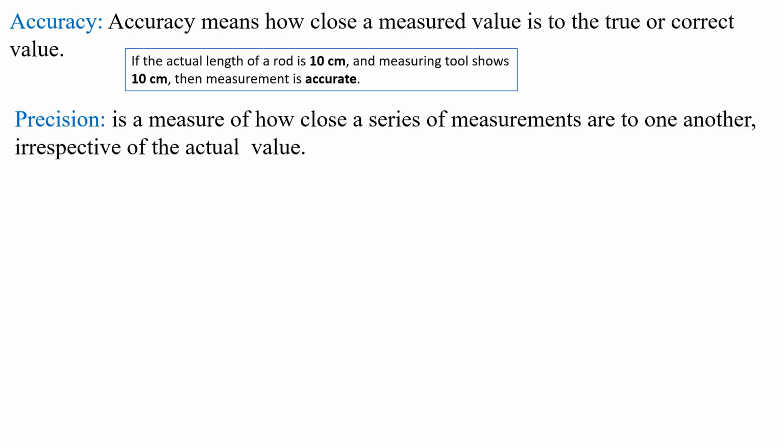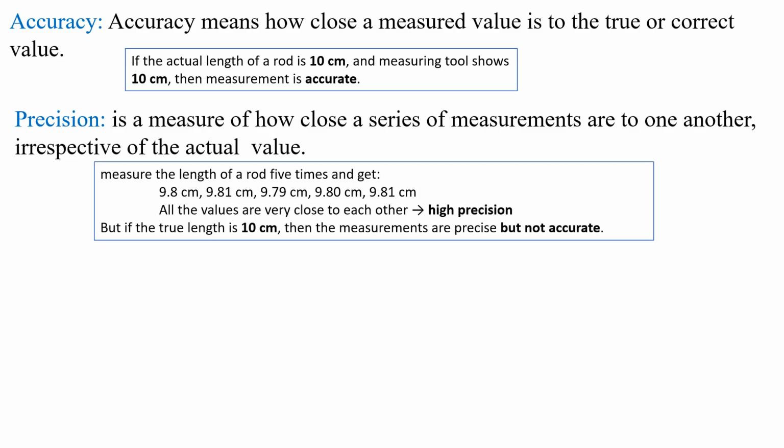So next we have to see the definition of precision. Precision is a measure of how close a series of measurements are to one another, irrespective of the actual value. So let's see an example. Measure the length of a rod 5 times.